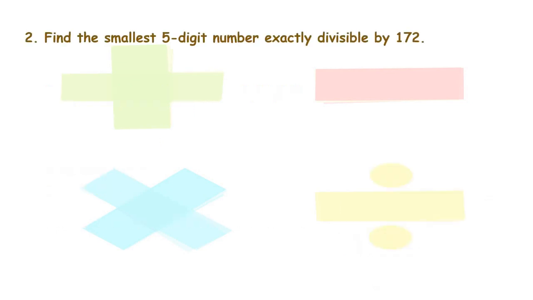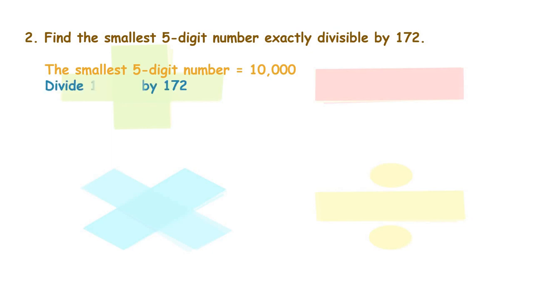Next, find the smallest 5-digit number exactly divisible by 172. Now in this case we have to find the smallest 5-digit number. So the smallest 5-digit number is 10,000 and we divide it by 172. Now find the remainder and the quotient.